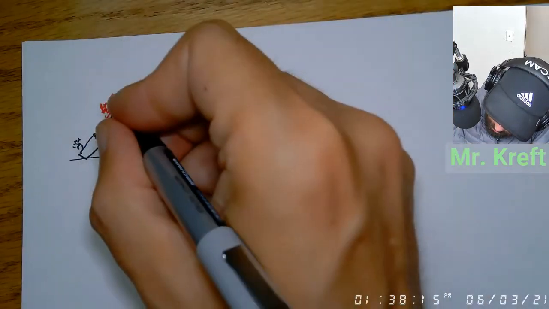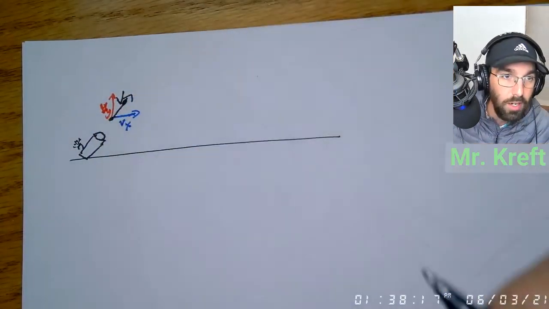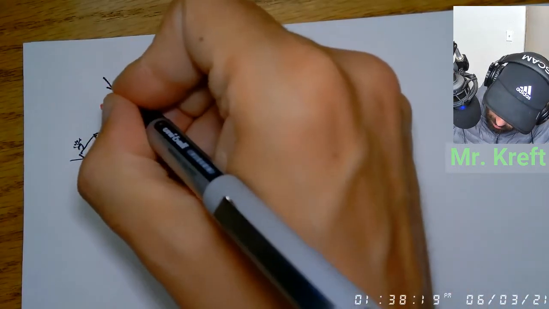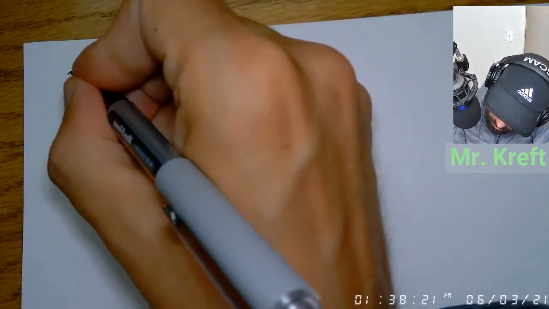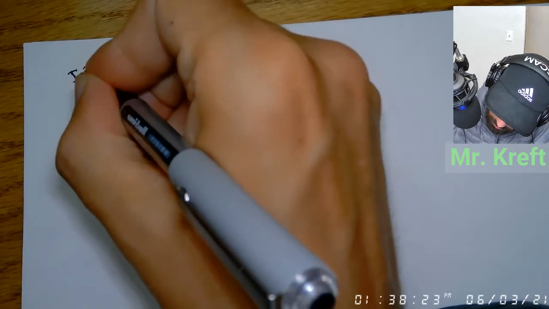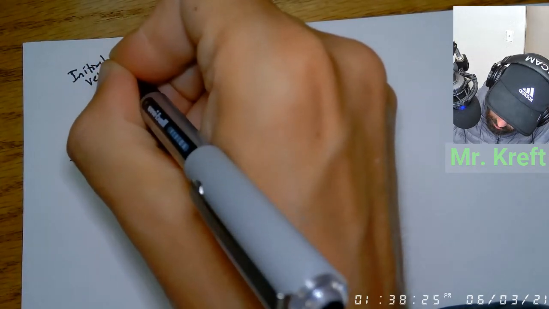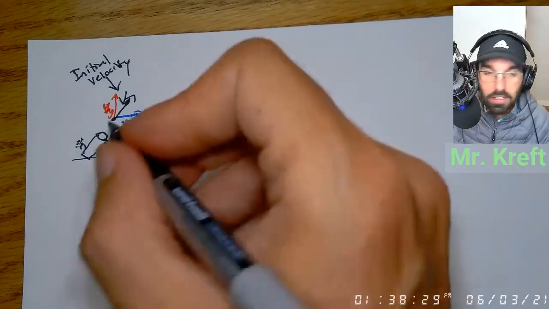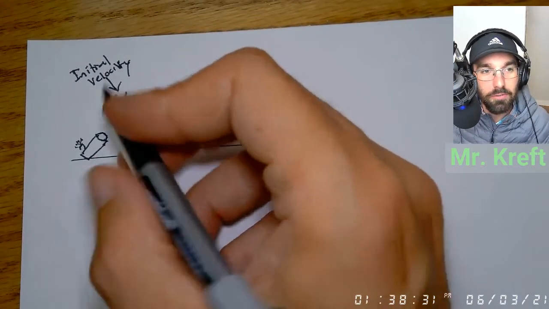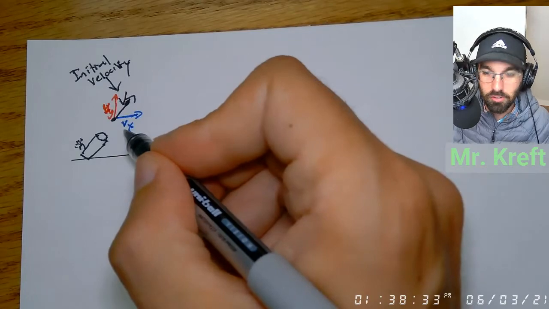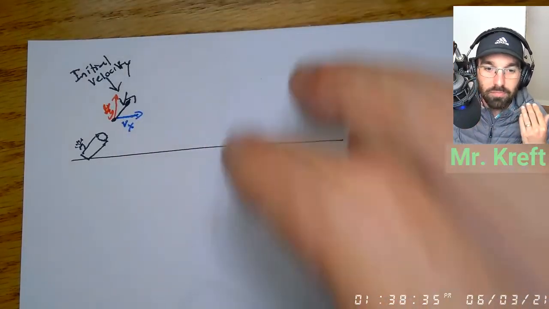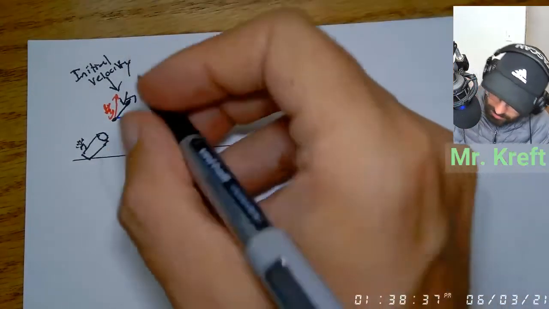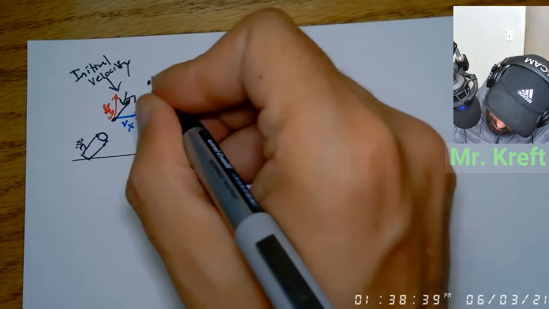Now what's important, in physics, we call this v sub naught. So this is your initial velocity, because that initial velocity is how you're going to find your initial Vy and your initial Vx. I'm going to be doing a little physics lesson here.